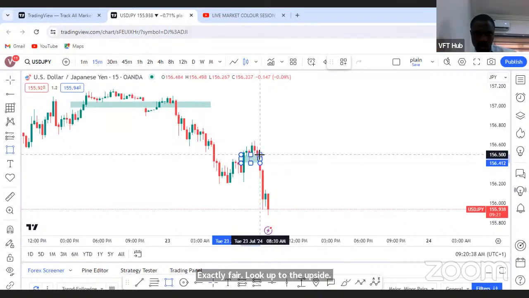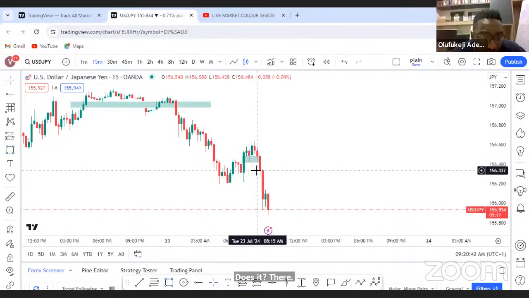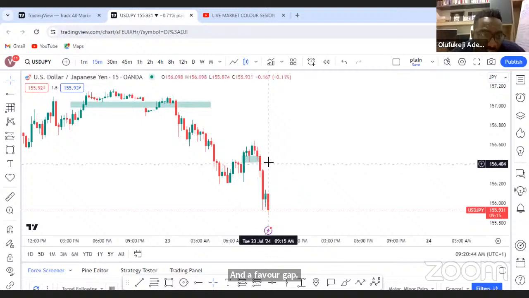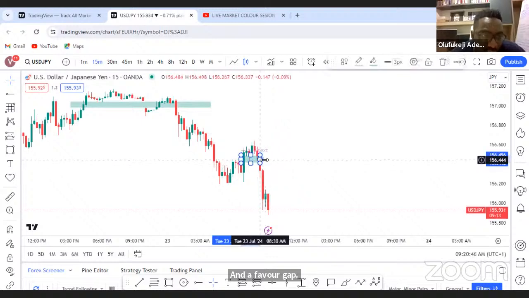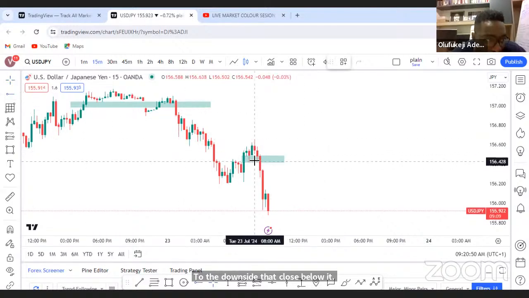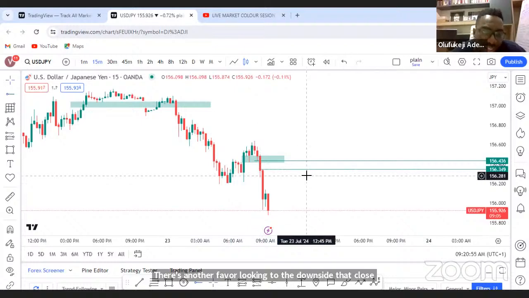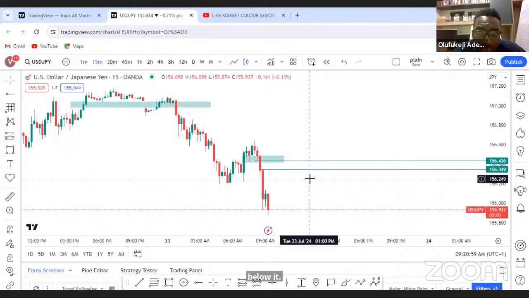That's it there. And then a fair value gap to the downside that closed below it. There's another fair value gap to the downside that closed below it. Exactly. So is that an IFVG? Yes.